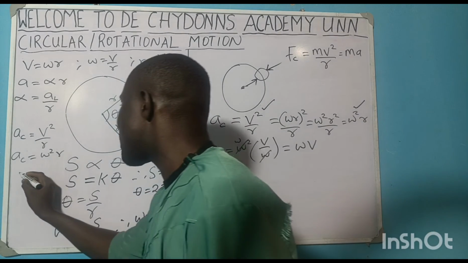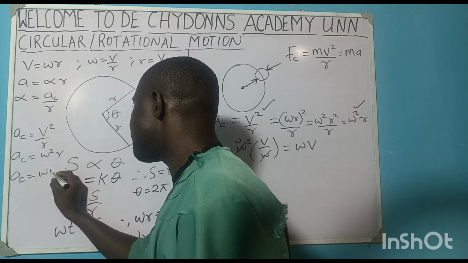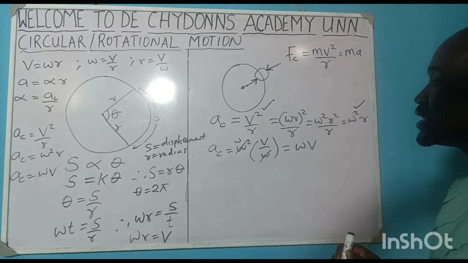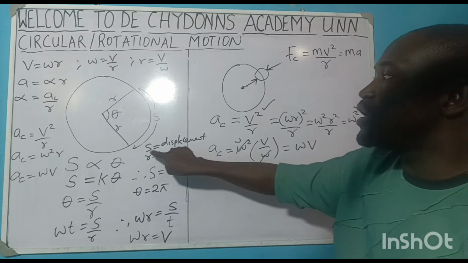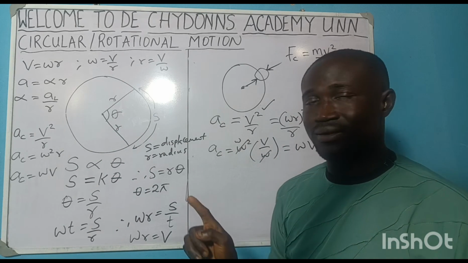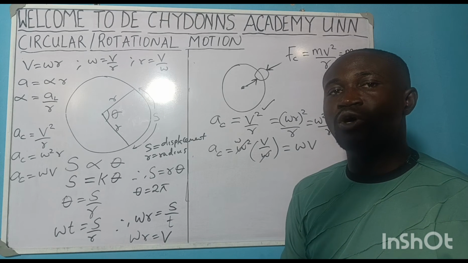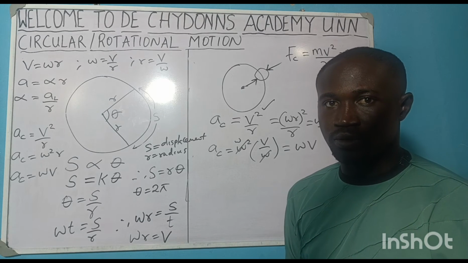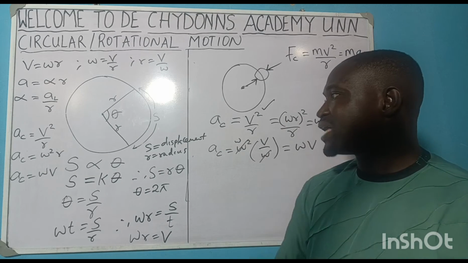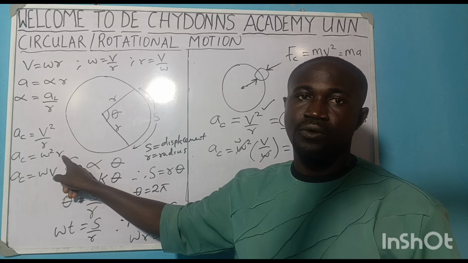Centripetal acceleration can also be equal to wv. It is because a body moving in a circular motion or in a circular pattern is related to a body that is undergoing simple harmonic motion, to and fro. That is why we say ac is equal to w squared r.